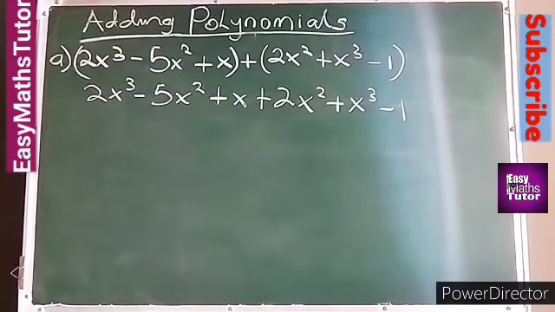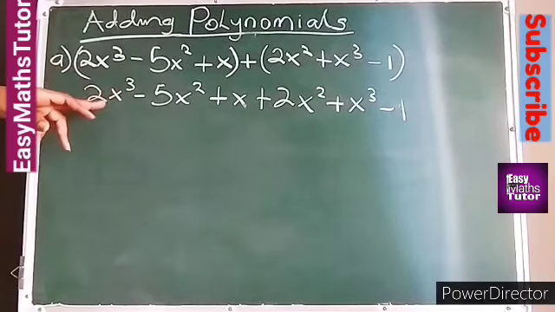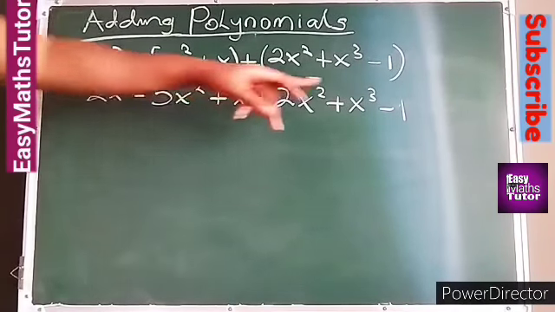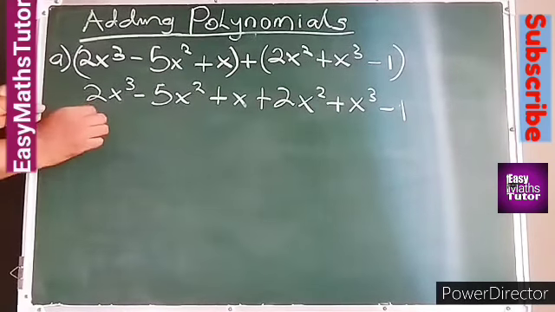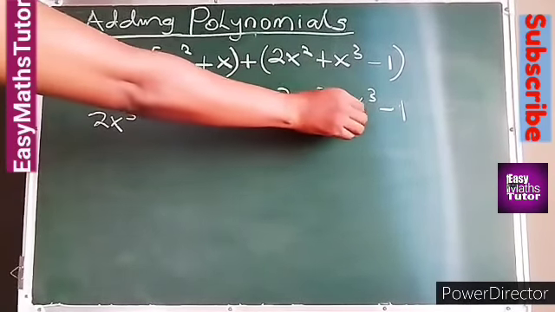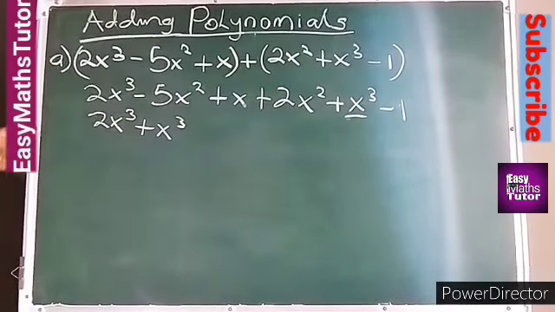So we're going to arrange these according to their like terms. Each term has to have the same what? Variable with the same power. So we arrange all the terms that have x raised to power 3 together. So we say 2x raised to power 3 plus what? Plus x raised to power 3.